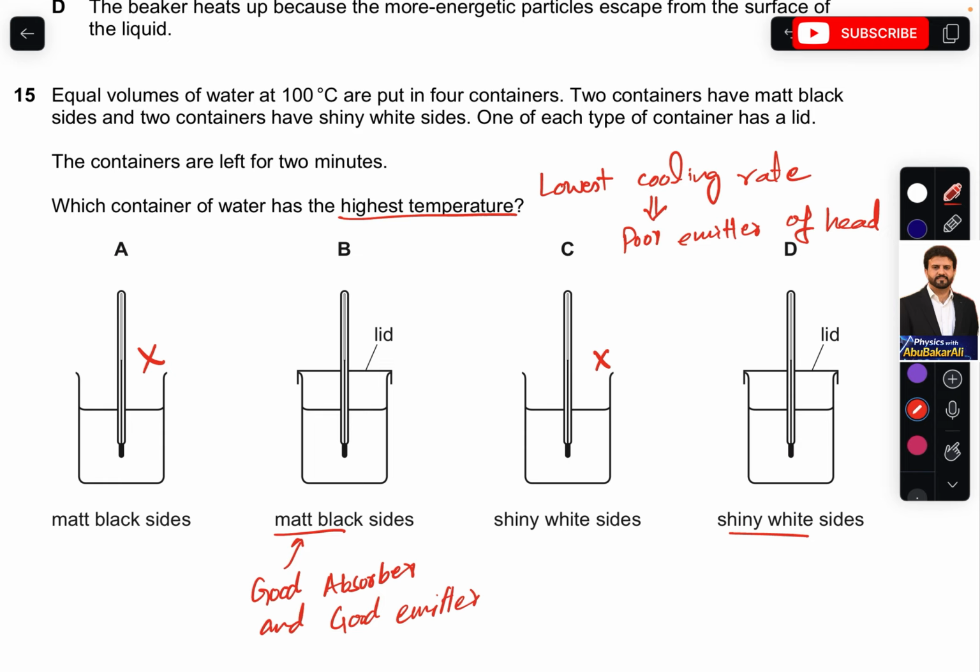Good absorbers are good emitters. So white is the poor absorber and the poor emitter, so minimum radiation will be going out of it. Because of the lid, there is minimum convection, and because of the white color, there will be a minimum radiation heat loss. So it is option D that is correct.